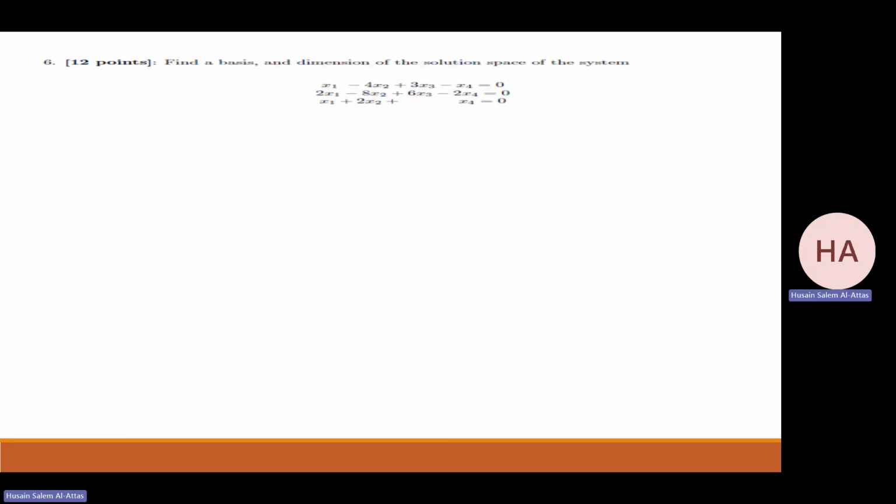Find the basis and dimension of the solution space for this system. Same idea. We have Ax equals 0. So I have the matrix to be 1, minus 4, 3, minus 1, 0; 2, minus 8, 6, minus 2, 0; 1, 2, 0, 1, 0.